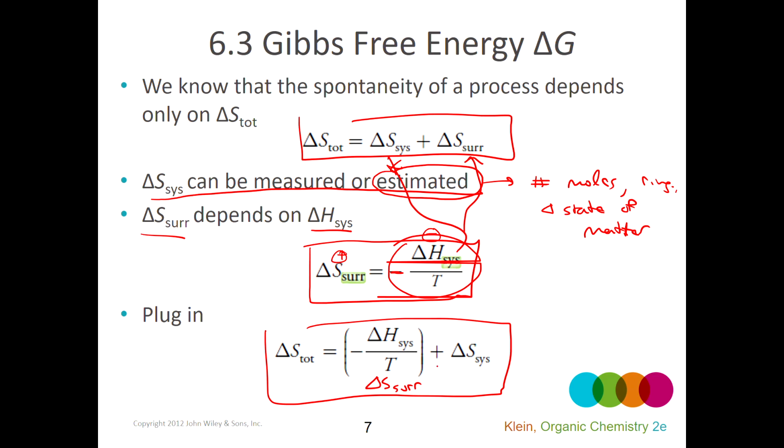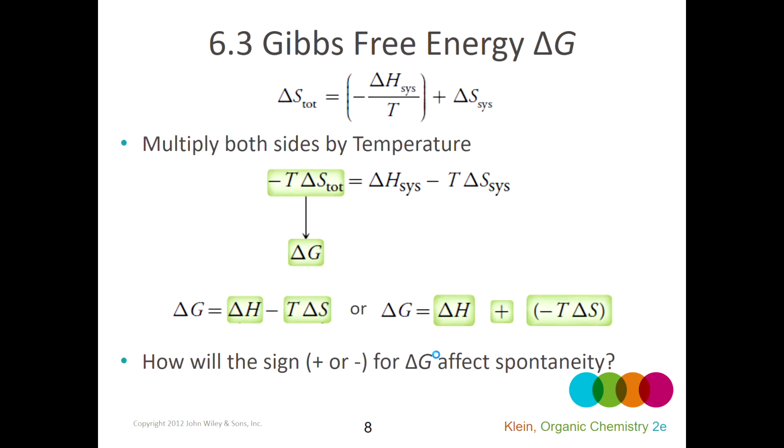And that gives me this formula. And if I rearrange that formula a little bit, I get a slightly different form. And then if I define the temperature times the total change in entropy, or actually negative temperature times total change in entropy, that gives me a new term that you should be very familiar with from General Chemistry 2, which is the Gibbs free energy.